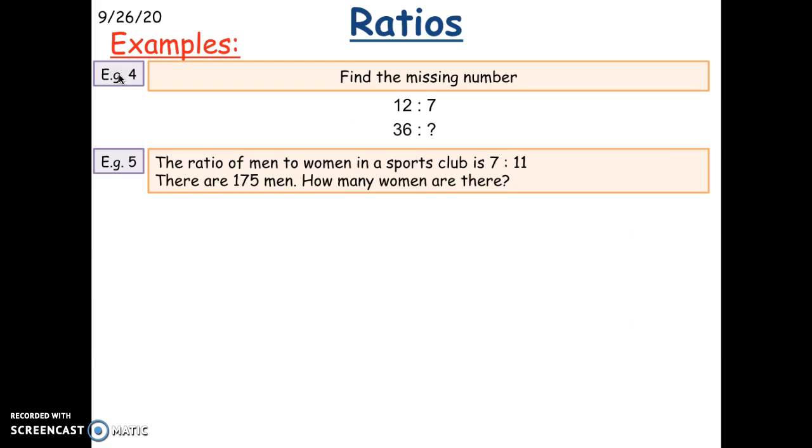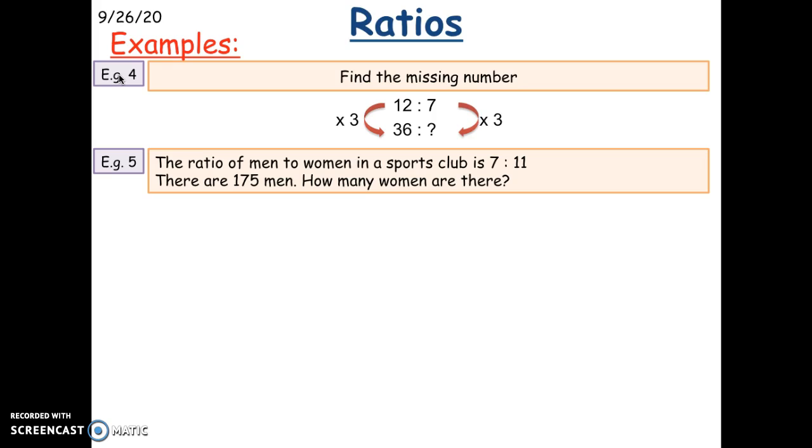Examples again. We want to find the missing number. 12 goes to 7. 12 is mapped onto 7. 12 has been increased to 36. What did we do with 12 to get 36? That same exact operation is the same thing we will do with 7, which is to multiply by 3.